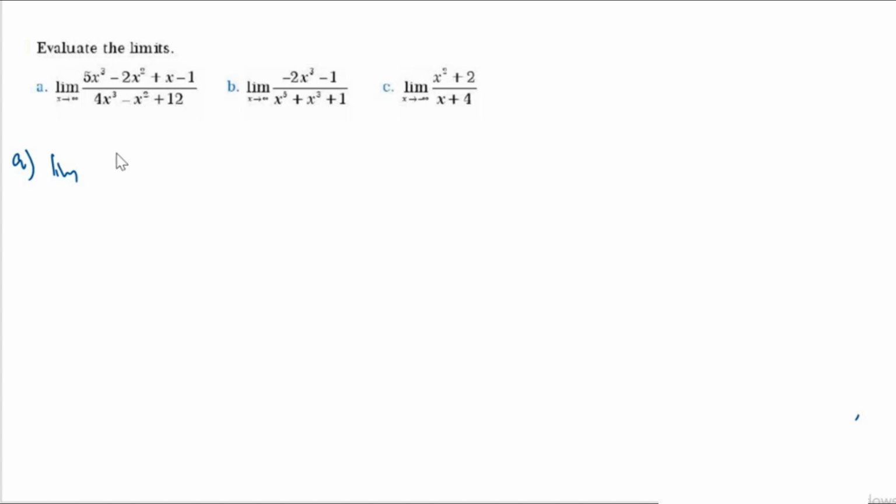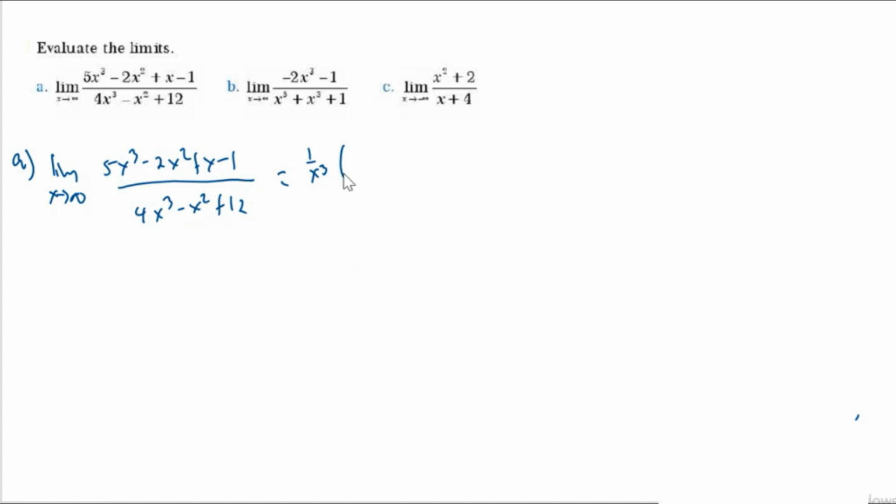So this is now the limit of 5x cubed minus 2x squared plus x minus 1 all over 4x cubed minus x squared plus 12, as x approaches infinity. Since the highest power here is x cubed, I will multiply by 1 over x cubed to the entire numerator as well as the entire denominator.